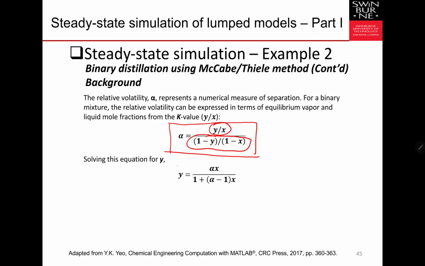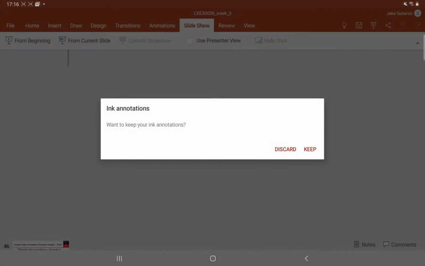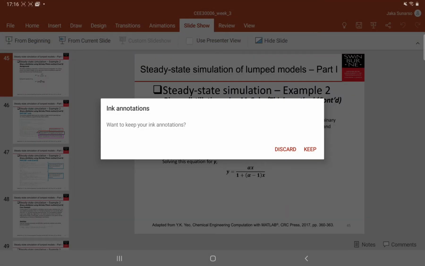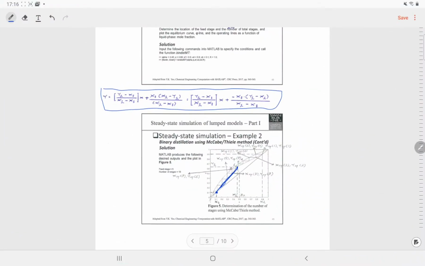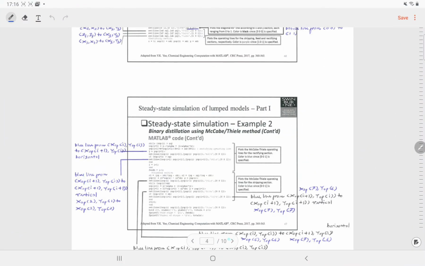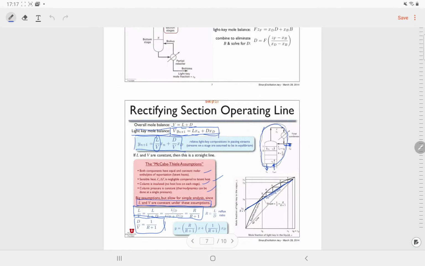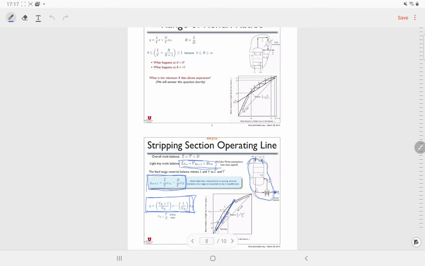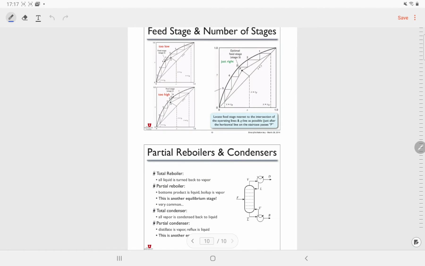Okay, y can be solved in terms of this, but in the MATLAB code itself we will be using x instead of y. So let me go back into here again. That one is given, I think, on page 6, let me check.